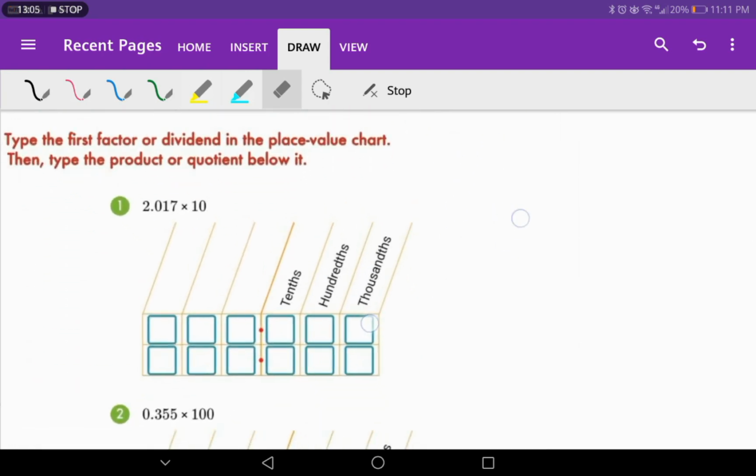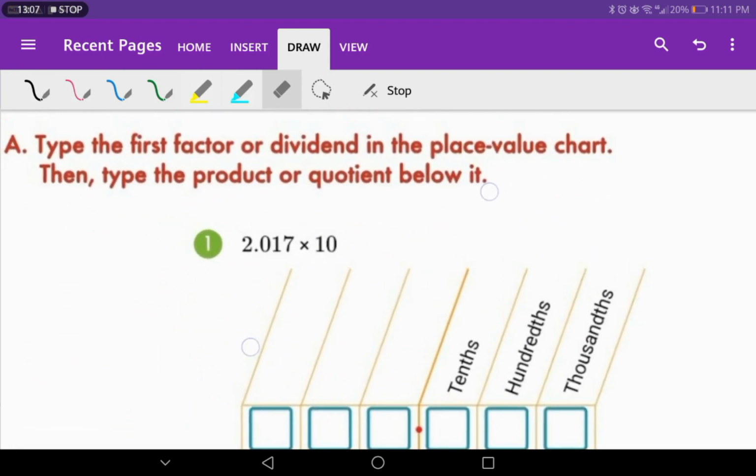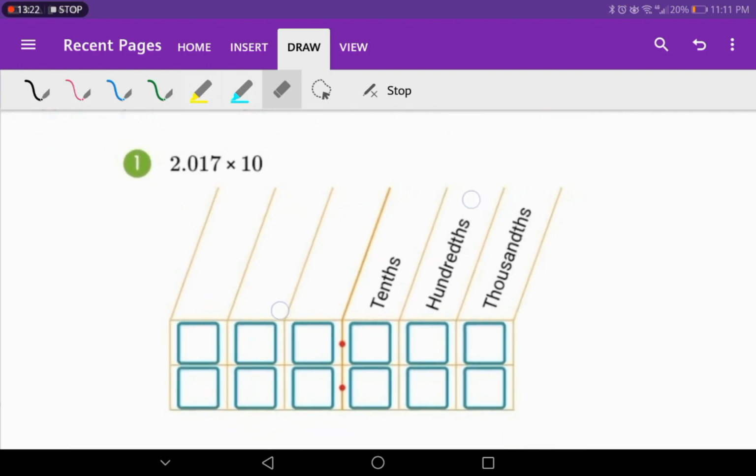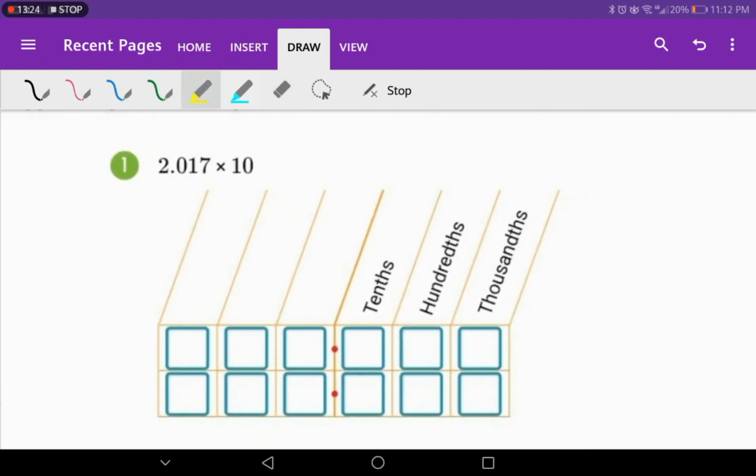Now let us move to practice A. Here, type the first factor or dividend in the place value chart, then type the product or quotient below. So here, this is the number. I will write it before multiplying by 10.